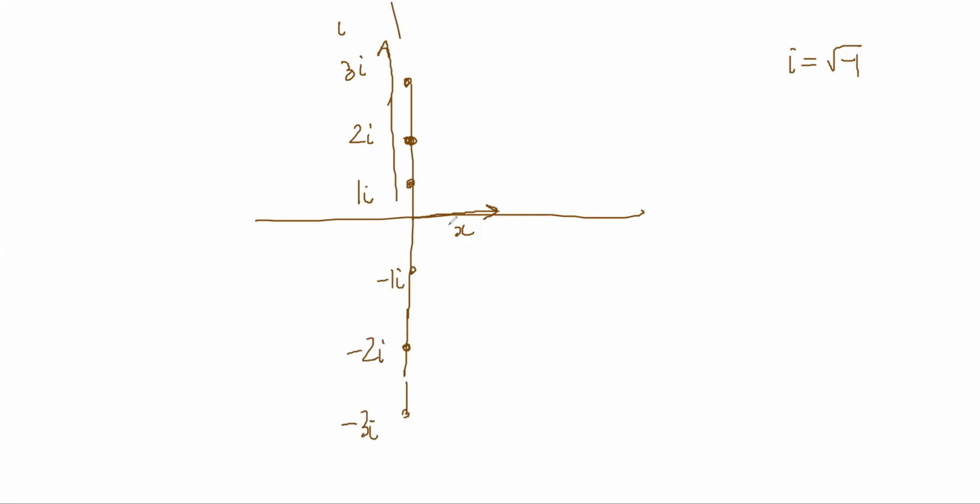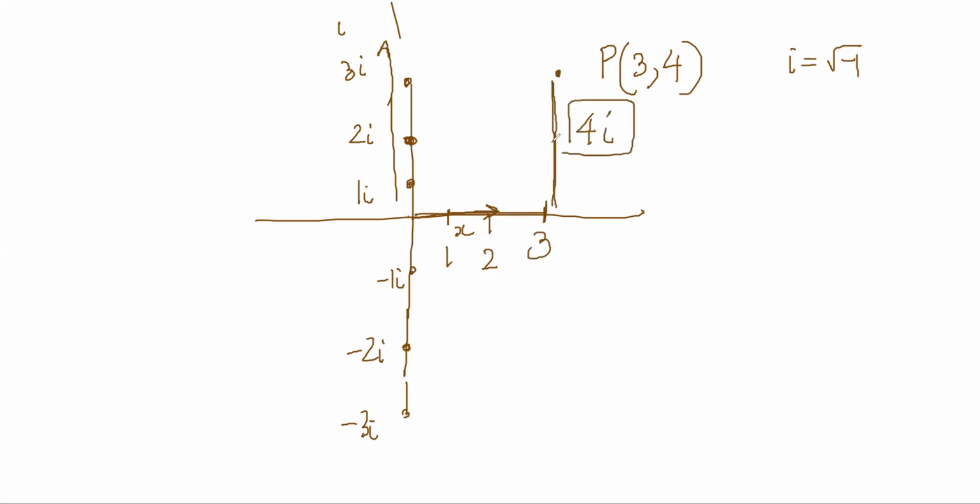If you are writing a particular point, then that point is at some place in space, right? 3 comma 4 means you go 3 units in x and 4 units in y, so plus 4i. This is like a vector addition now. This is my z is equal to 3 plus 4i.